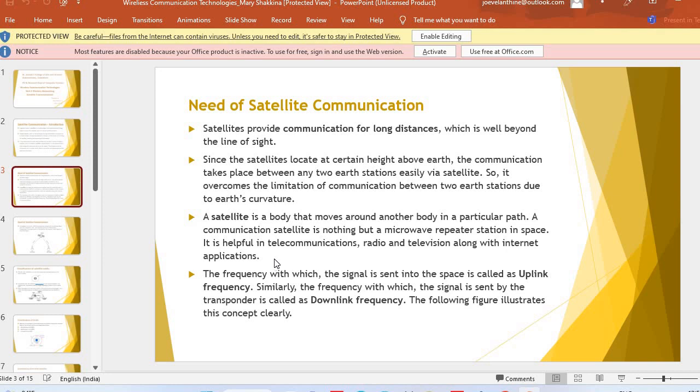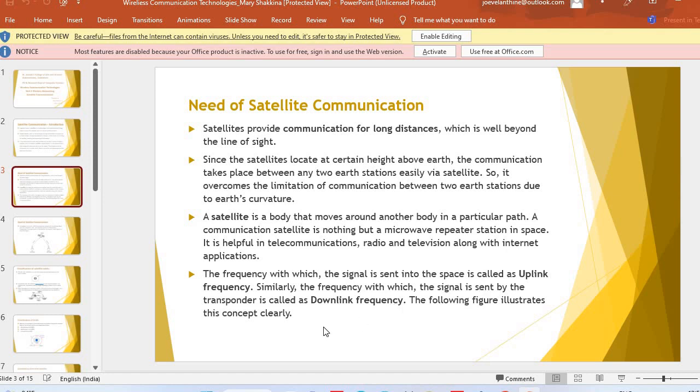The frequency with which the signal is sent into space from the Earth station is called the uplink frequency. Similarly, the frequency with which the signal is sent by the transponder is called the downlink frequency.